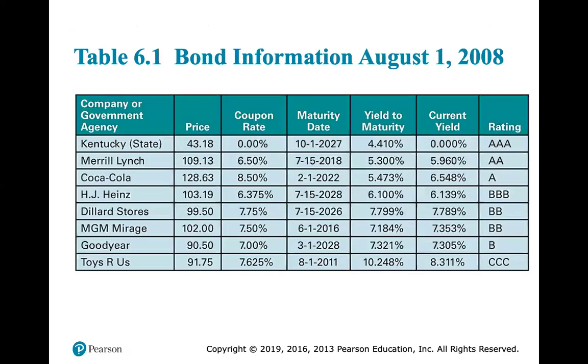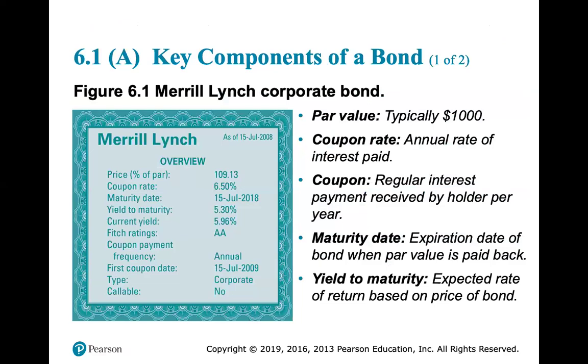This is the example we have gone through: different companies issue different bonds, and Merrill Lynch was one of the examples. You should keep in mind that a bond has a par value, or face value, which is typically equal to $1,000 in the US, and in Europe it is 10,000 euros.